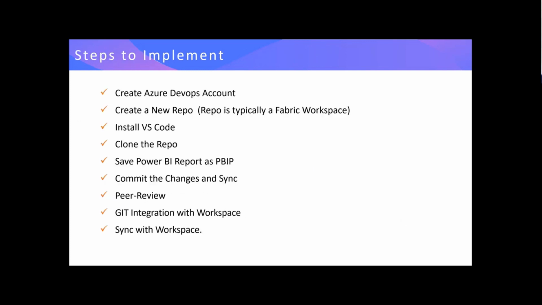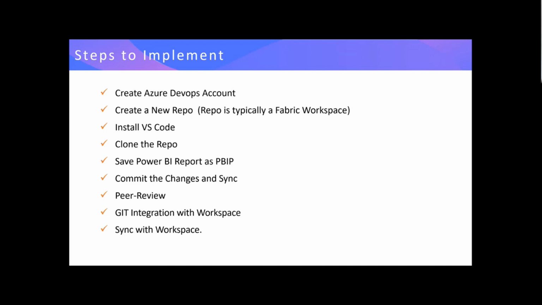All right. These are the fundamental steps for how someone gets started with Azure DevOps and uses it with Power BI and PBIP. The first step is that you need to create an Azure DevOps account, if you don't have one already for your team. Then you start with creating a repo.